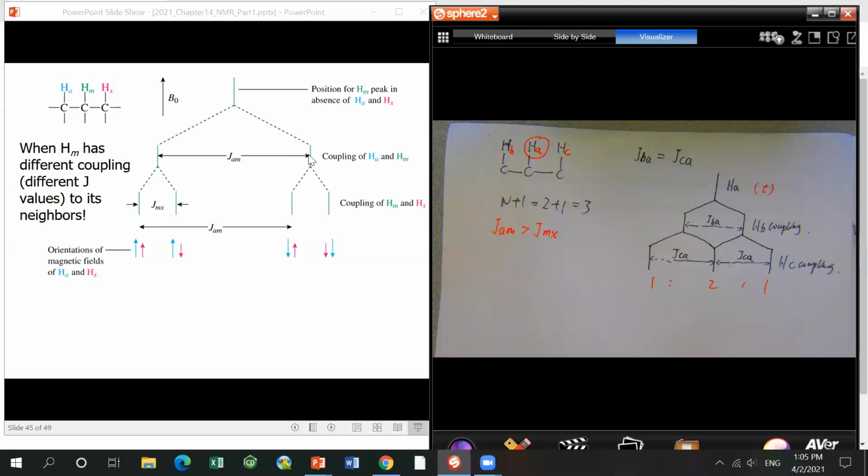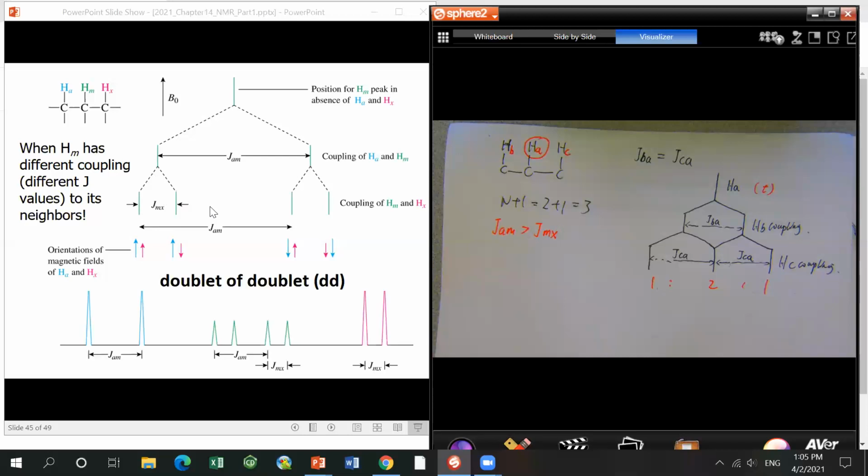Then HM further couples with HX, which has a relatively smaller coupling constant, J_MX, and you further split each into another doublet. So eventually you generate a doublet of doublets. So in this case, if the coupling constants are different, you cannot apply the n+1 rule.